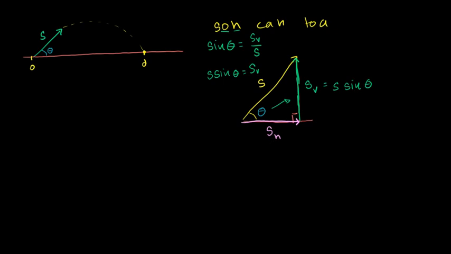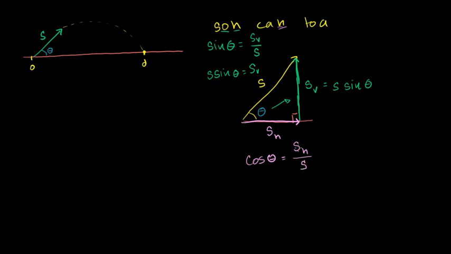And now for the horizontal component, we do the same thing, but we don't use sine anymore. This is now adjacent to the angle. So cosine deals with the adjacent side and the hypotenuse. So we could say that the cosine of theta is equal to the adjacent side to the angle, so that is the horizontal speed, over the hypotenuse, which is this length right here, s.